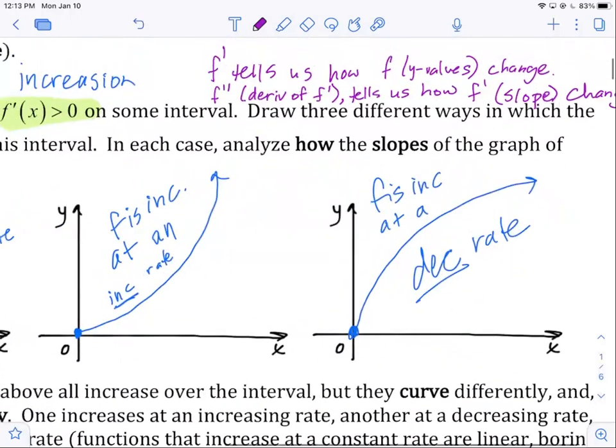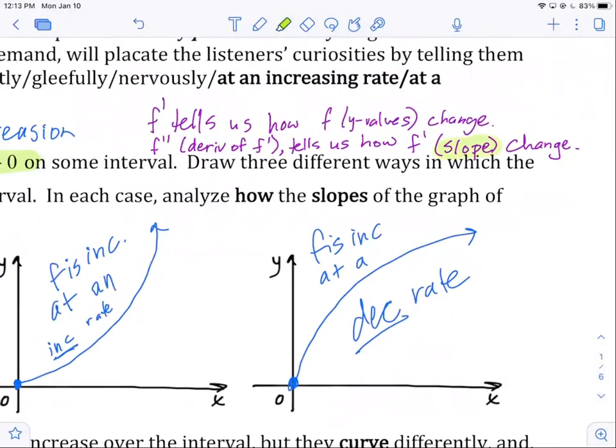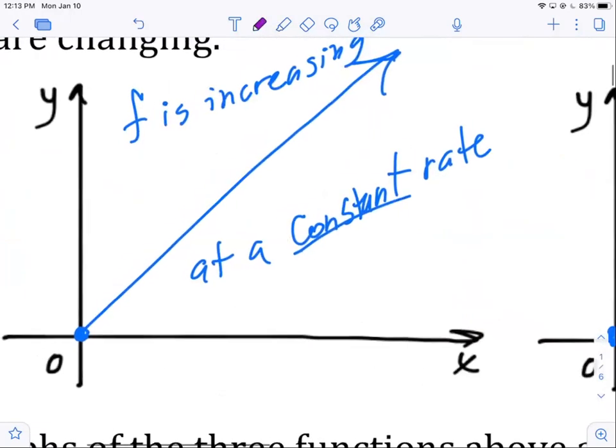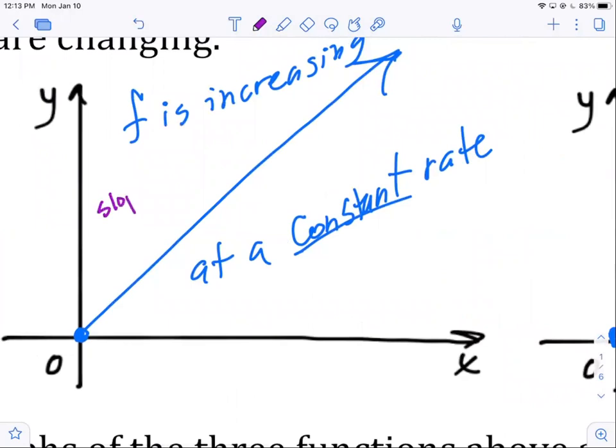So let's take a look at it. If f prime, as Jackson said, are the slopes, come over here. How are the slopes changing? As we go up in the first case, are the slopes changing at all? No. So we're going to say slopes of f are not changing. So if you had to quantify no change, what value would you give it?